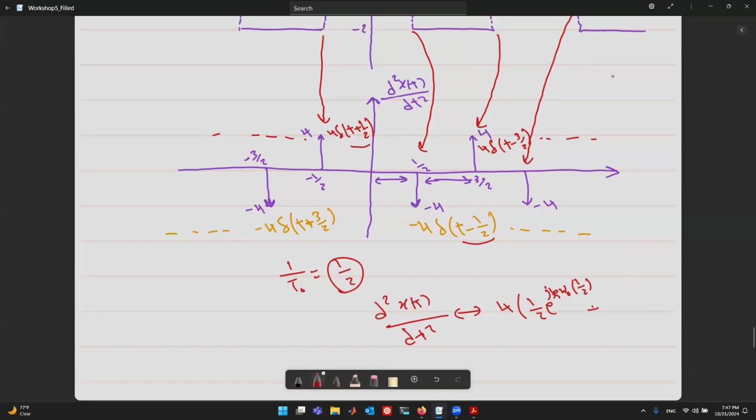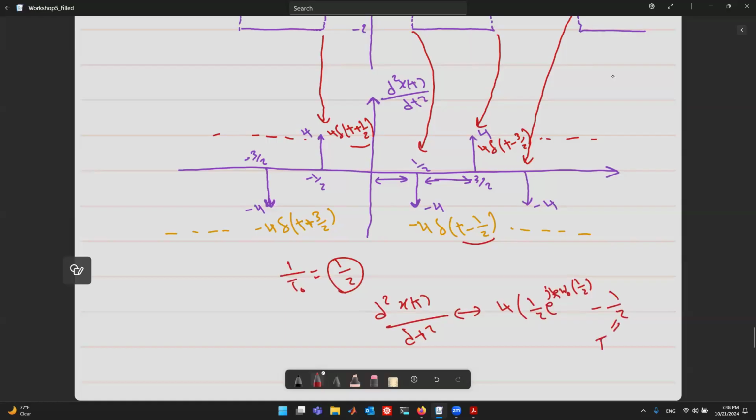And then the second impulse train is scaled by -4, so we will have minus 1/2.